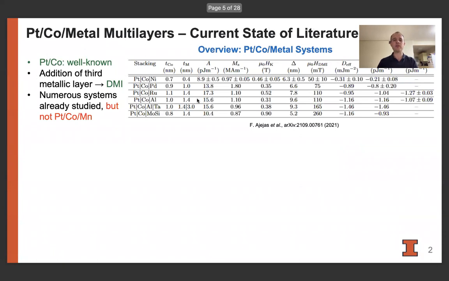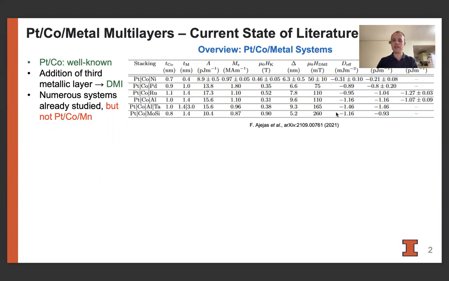But now I would like to focus more on platinum cobalt metal multilayers in particular. Here I give a short overview of the current state of literature. Platinum cobalt, of course, has been well known for a very long time already. But if we add a third metallic layer to platinum and cobalt, we may obtain a reasonably sized DMI, as shown in this table for different combinations with different materials, from a very recent manuscript on arXiv.